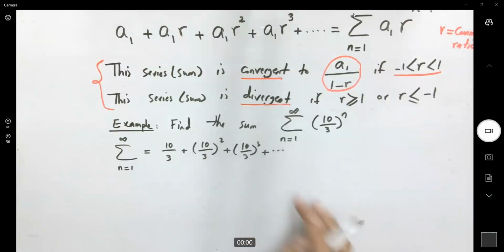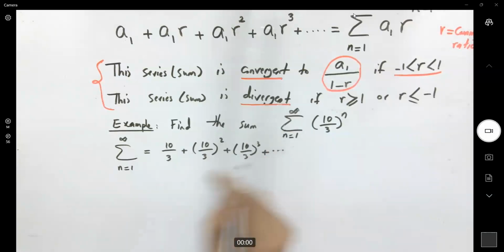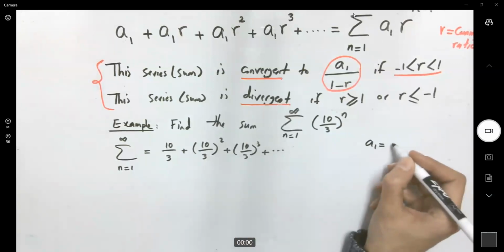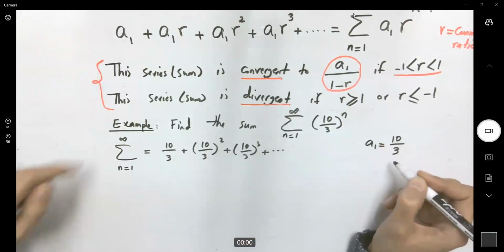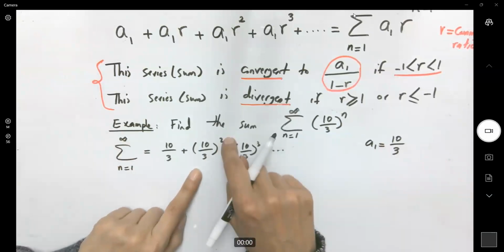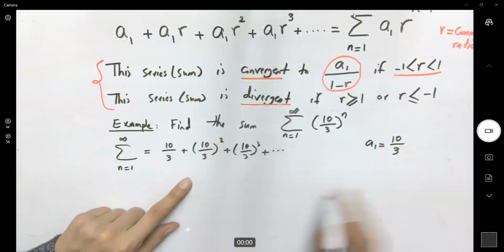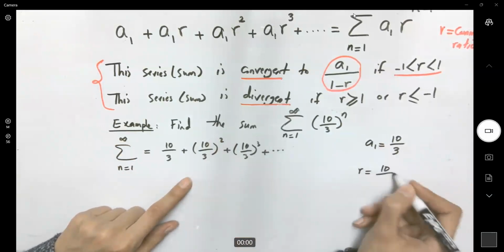So what is the first term? My first term is just 10 over 3, the same first term. Okay. And the second term, which is 10 over 3 to the second, 100 over 9. And the ratio, common ratio becomes 10 over 3.